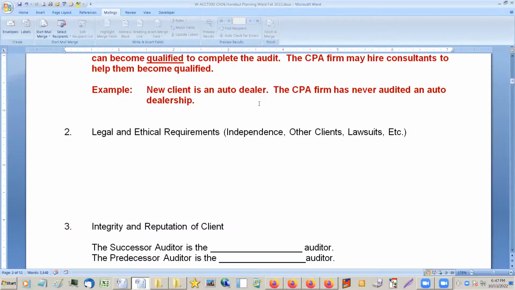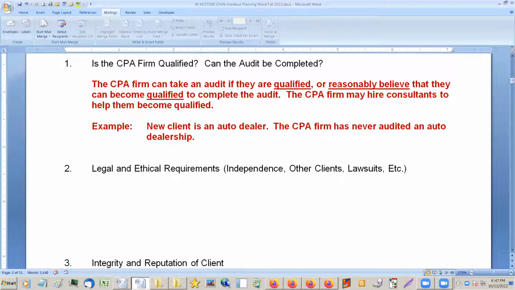But if you really believe that you can do it, you can take these audits and smarten up, as we like to say, enough that you can do the audit. So again, they can take it as long as they can reasonably believe they can become qualified to complete the audit.